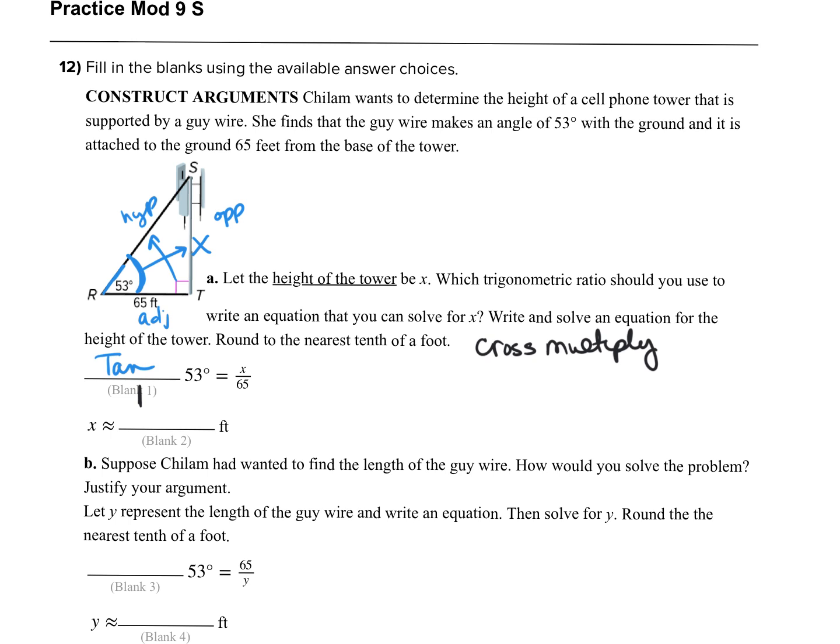So when I cross multiply, I'm going to do x times 1 and 65 times the tangent of 53. So tan 53 times 65. So the tangent of 53, you're going to get either from your trig table, which is your 4-digit decimal, or on your calculator, simply push the tan button and then 53 and hit equals.